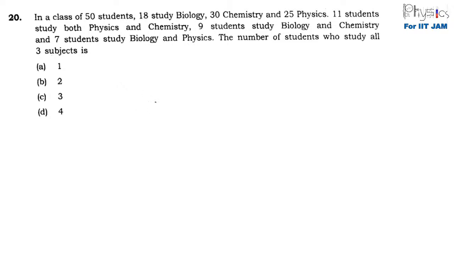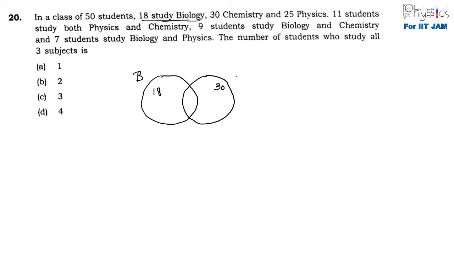So we have a class of 50 students, right? Where 18 students study biology. Okay. Students study chemistry.